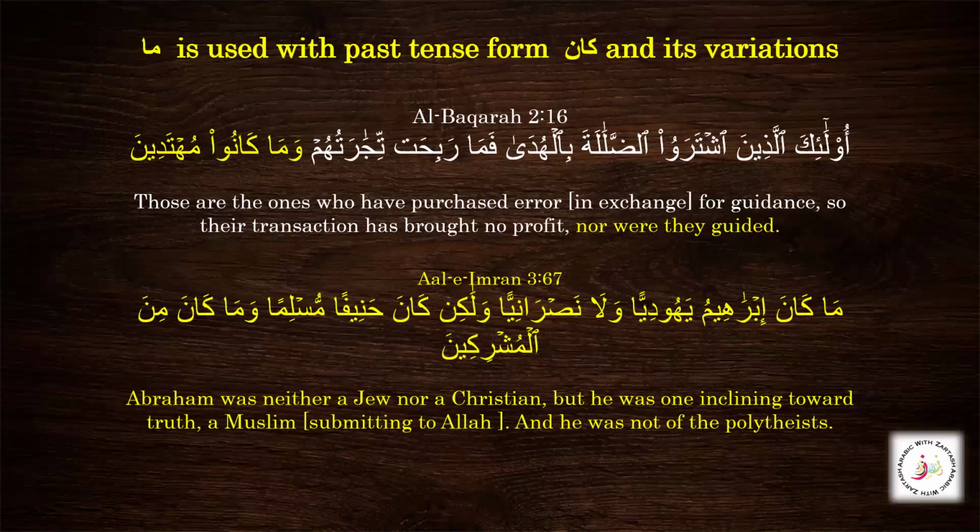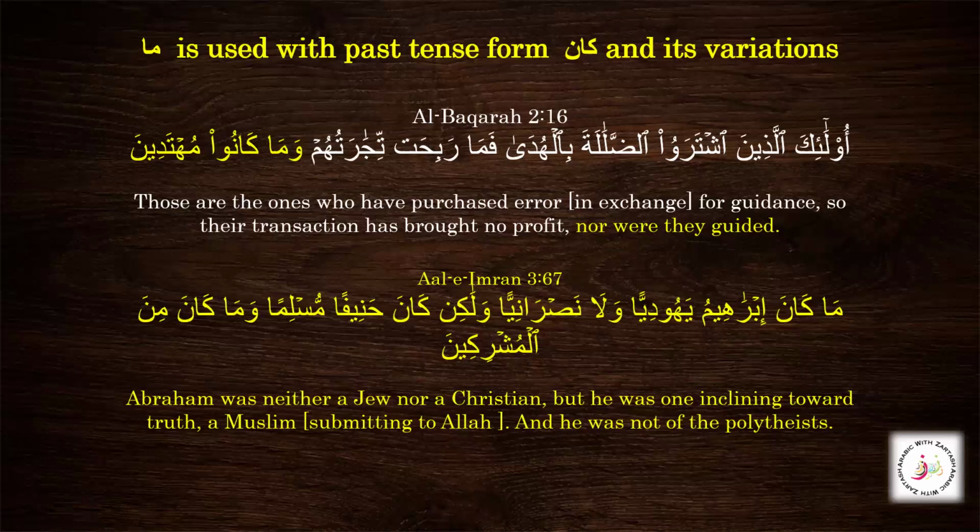Again, we see another structure of this kana. Fama kana min al mushrikeen. Again, we see this here. Fama kana, we are going to just do the I'rab as we did before. Fama kana, again harf fath and ma kana, just like that.